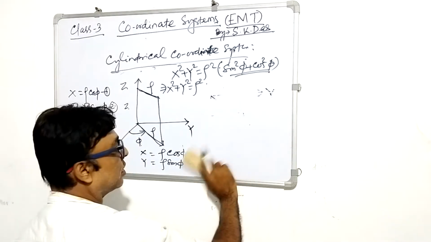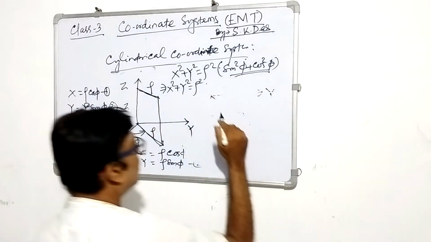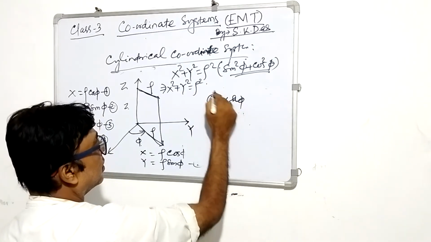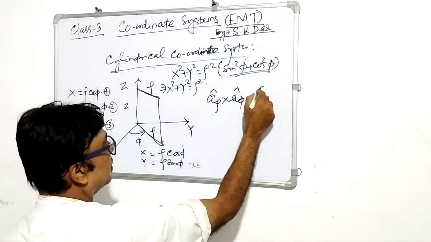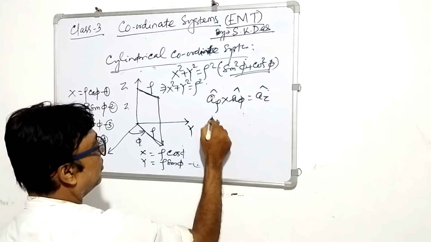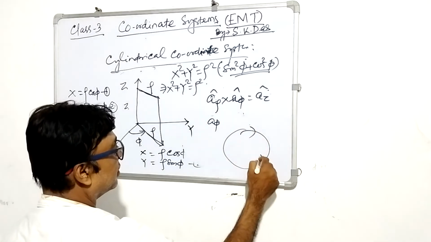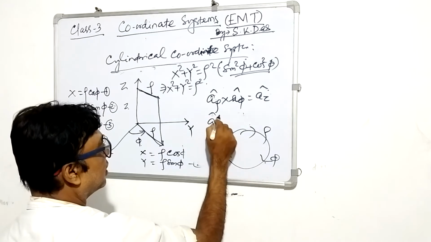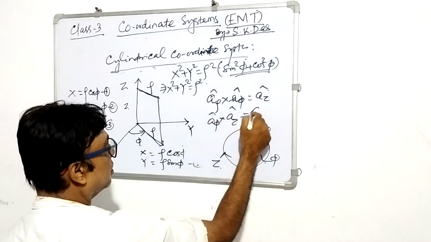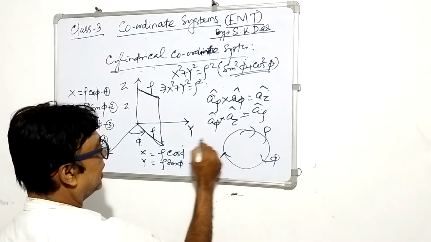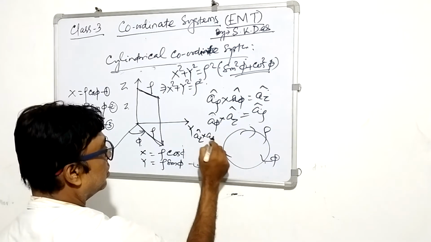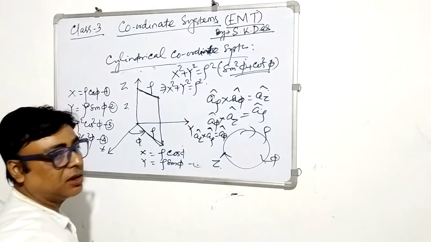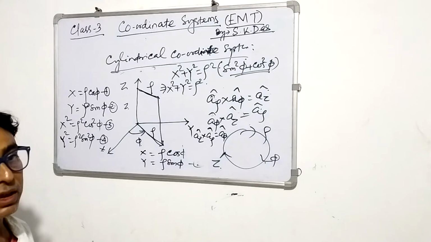If we take the cross product, a rho cross a phi will be equal to a z. Taking the circular order rho, phi, z, a phi cross a z is equal to a rho, and a z cross a rho is equal to a phi. If we change the sequence, it will be negative. So this is the transformation.